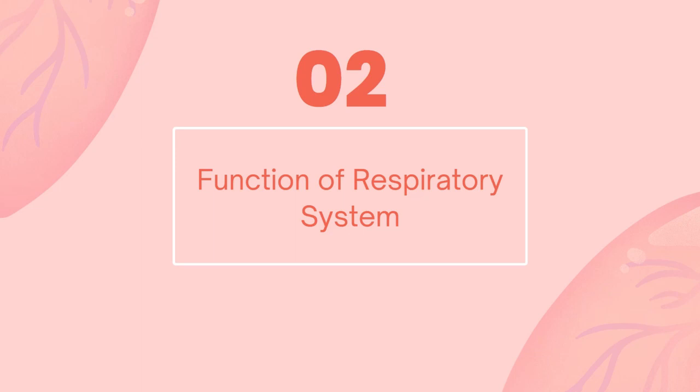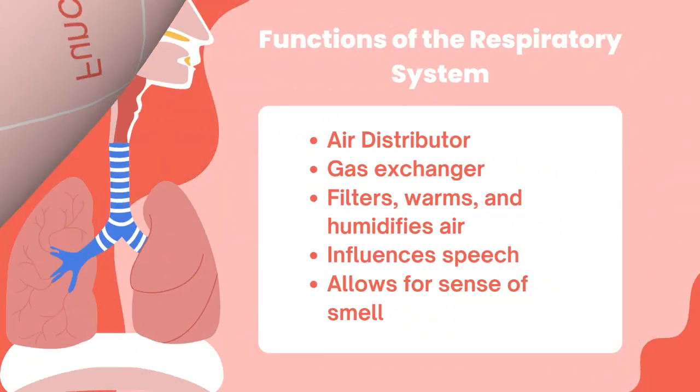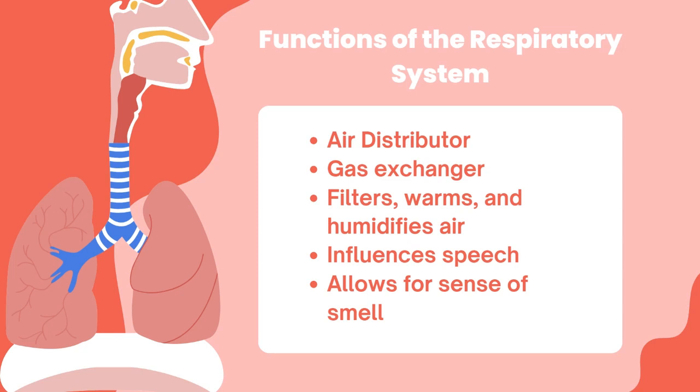Let us move on to the function of the respiratory system. The air we breathe contains oxygen and other gases. The respiratory system's main job is to move fresh air into your body while removing waste gases.